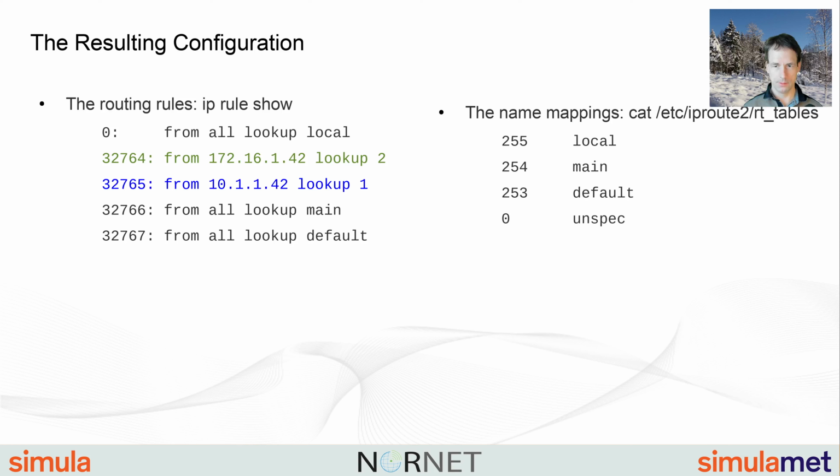And we have the possibility, of course, to do mapping, and particularly I mentioned there is a table named main, which is in fact table 254, which contains the normally used routing table. So if we have other addresses than the two addresses we have configured in the example, this main table will be used.